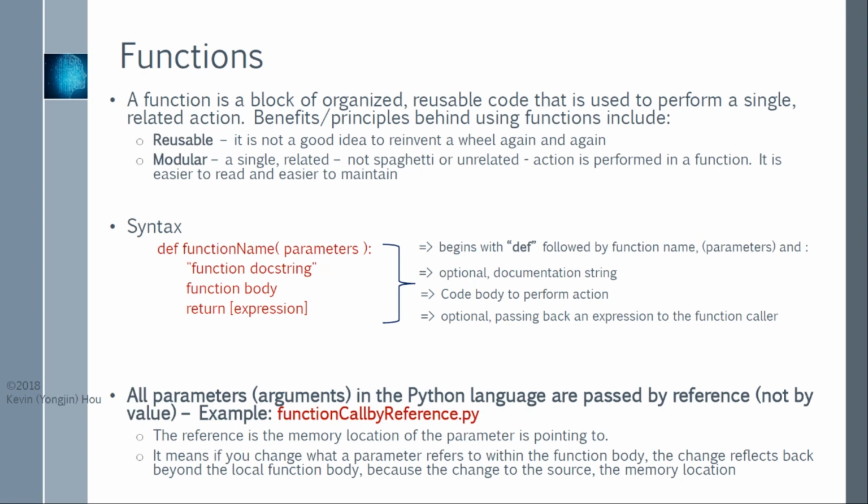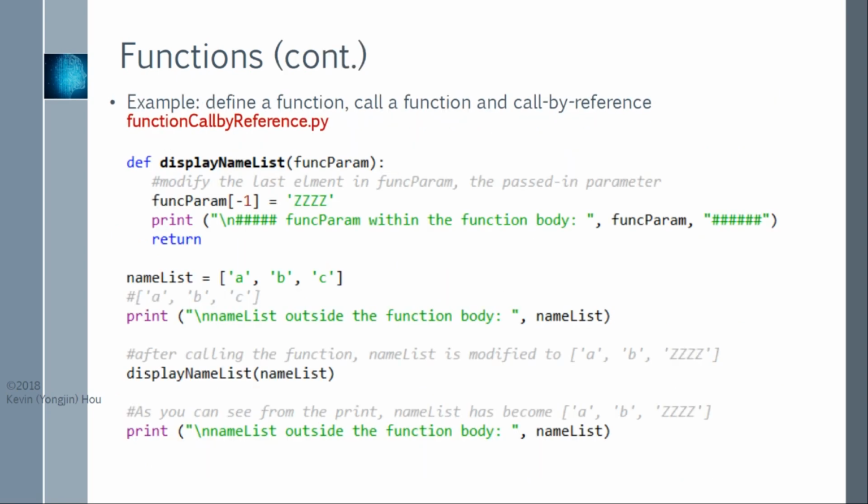A very key concept associated with the function's parameter is the call by reference concept. What that means is, if a function caller passes a value or expression to the function, like passing the argument to the function, that argument or that parameter does not have a clone or copy within the function body.